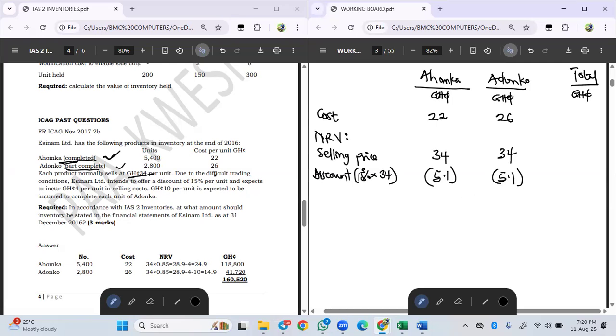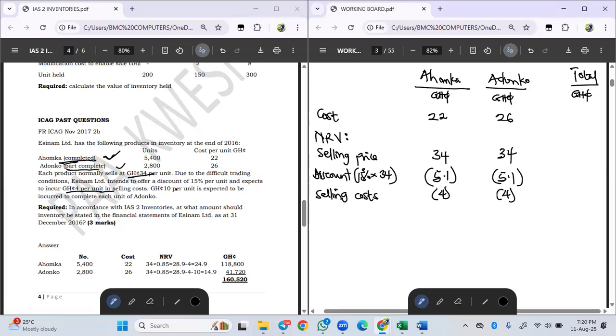Now let's look at this. They expect to incur 4 cedis per unit in selling costs. That is the cost to sell, so we can just write selling costs: 4 cedis each. That one we are going to deduct from the selling price.